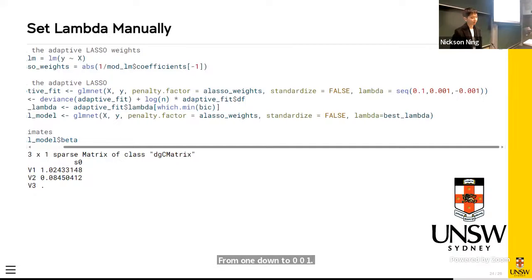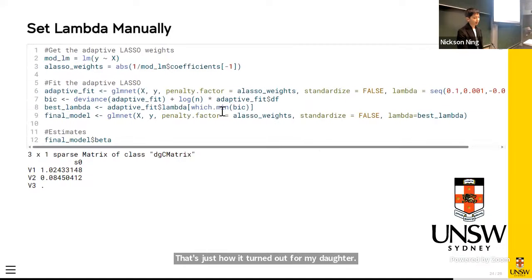That's just how it turned out for my data. If I do that, I find that my optimal value of lambda is a bit smaller than what was chosen previously. My point estimate for the second covariate in particular goes up to 0.0845. Previously it was 0.078.